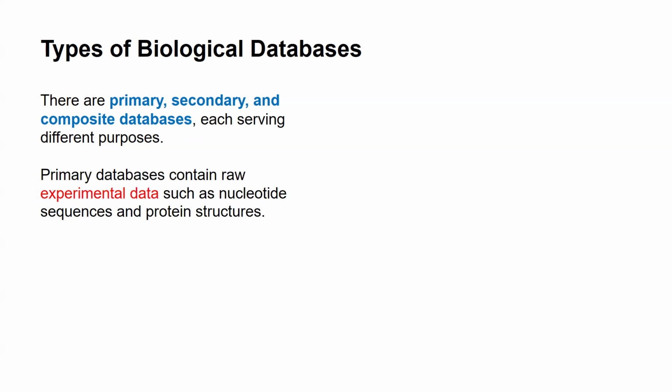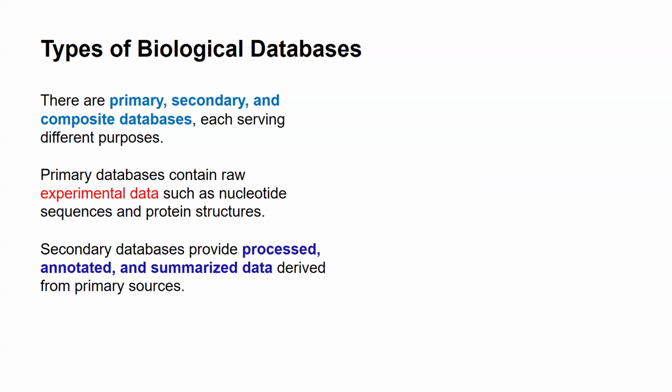Protein structures: if you crystallize a novel protein or a novel enzyme, the raw data from that experiment is what you call primary data. If you are able to identify a sequence of nucleotides in a DNA from sequencing, that raw experimental data is what you call primary databases.